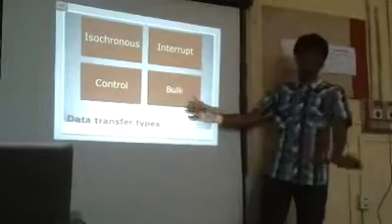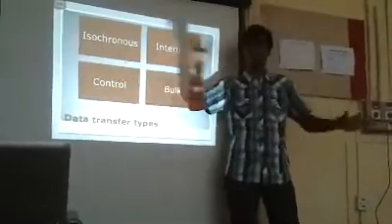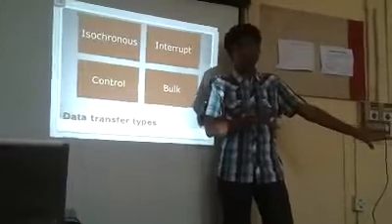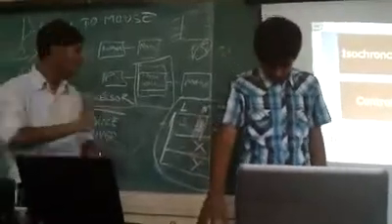In bulk mode, it is not the case. No one maintains any record. Isochronous mode is synchronized bulk mode. The question now arises, why do they do this? This is because you have so many devices connected through the same universal serial bus, and there's only one host controller for all of that.